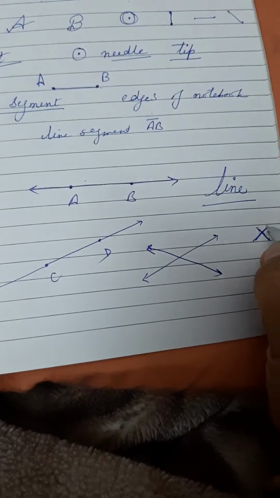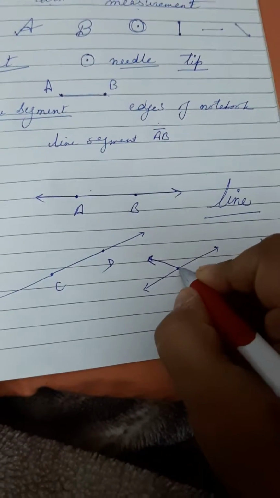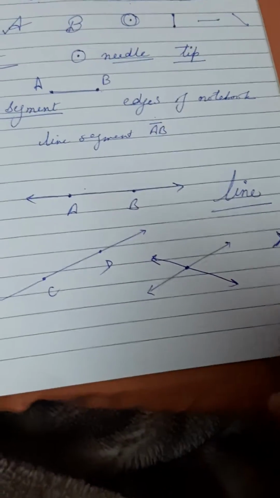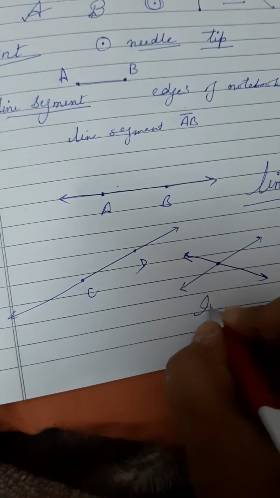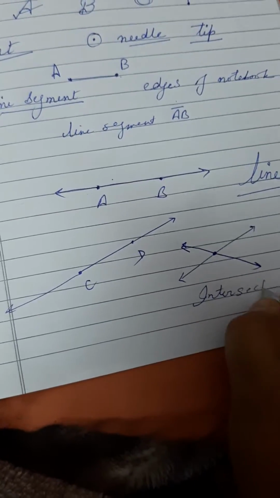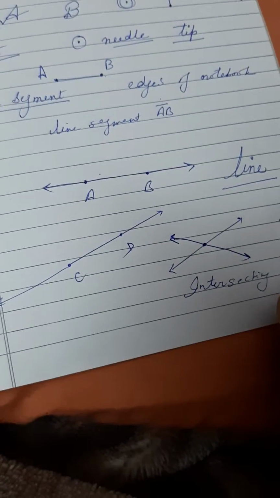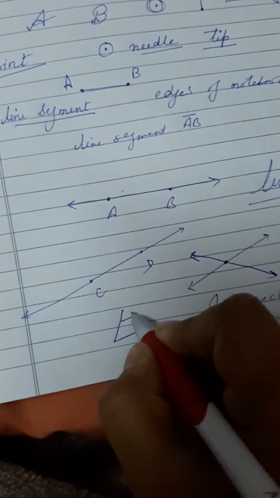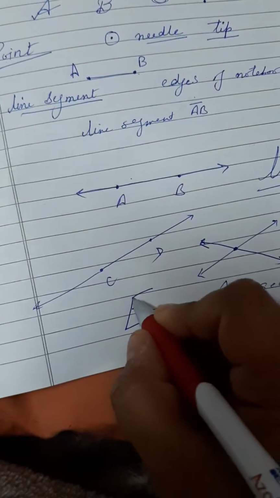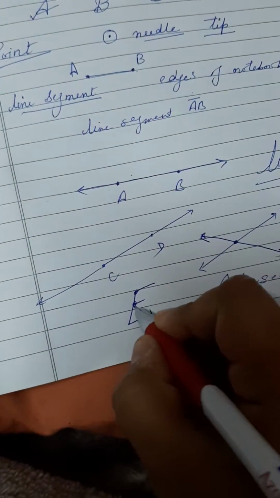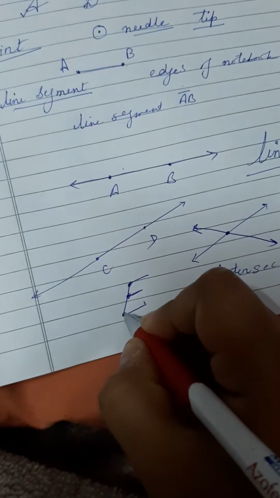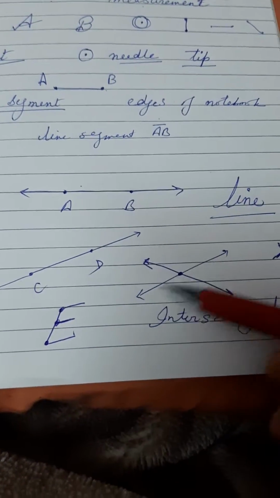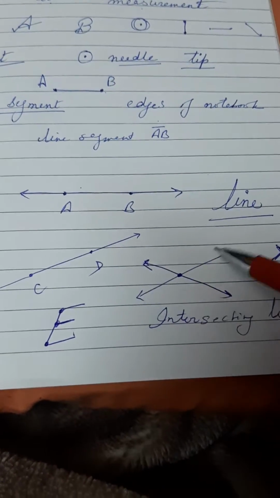Where these lines meet, where these intersect, these are called intersecting lines. Or if we write the letter E, here also these two lines intersect. But mainly we use the letter X for intersecting.